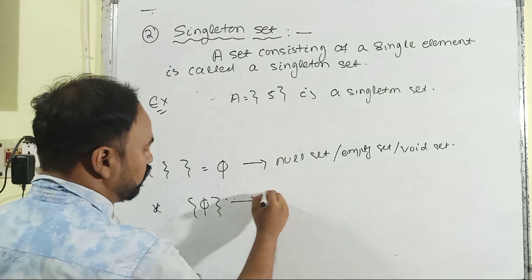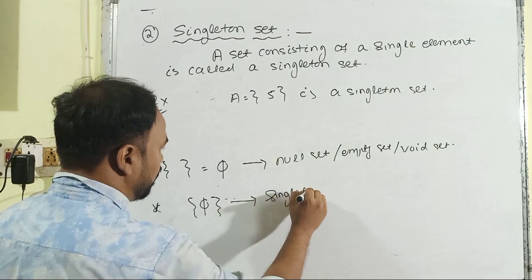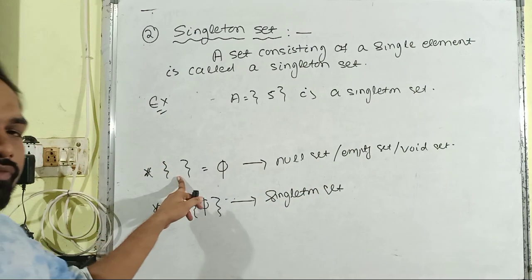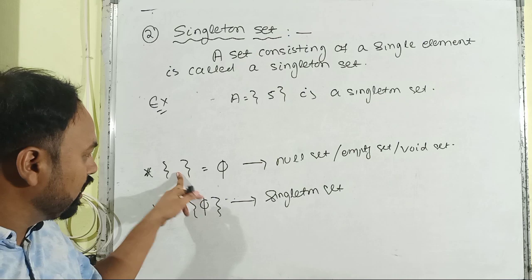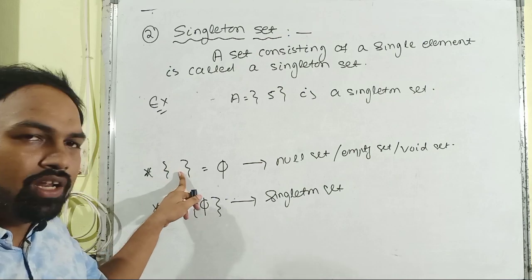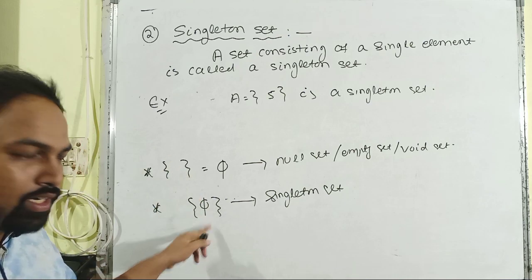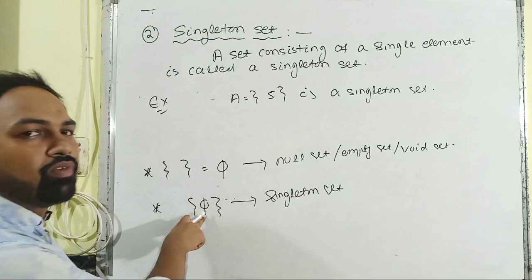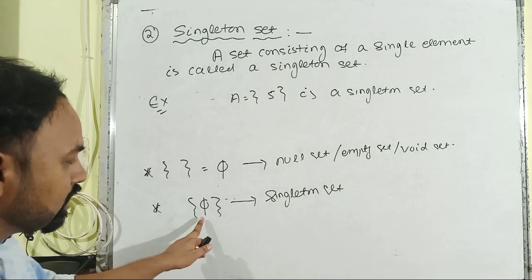This is called a singleton set, because the first set is an empty set, it does not have any element in it. But in this set, we have an element, and the element is itself phi. That means it is a singleton set.